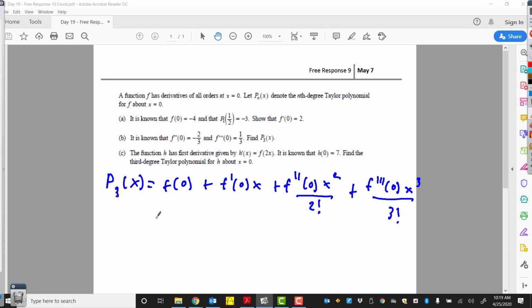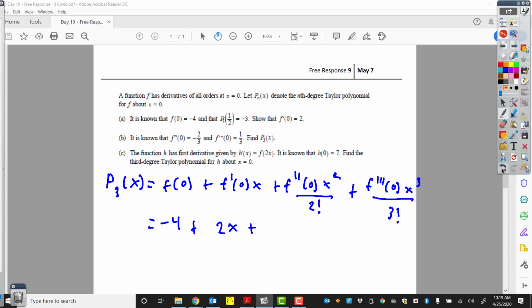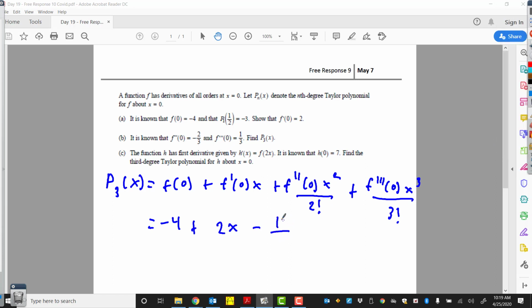So f of 0, that's negative 4. f prime of 0, that was 2. f double prime of 0, they tell us is negative 2/3. So I'm going to go ahead and start doing some simplifying. So negative 2/3 over 2 factorial should give us minus 1, or x squared over 3.